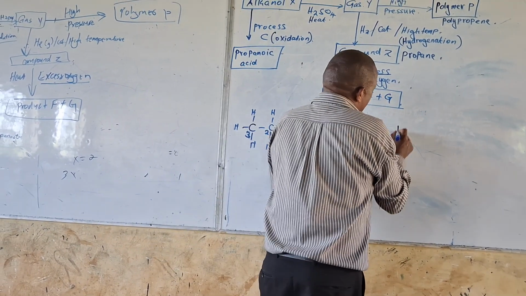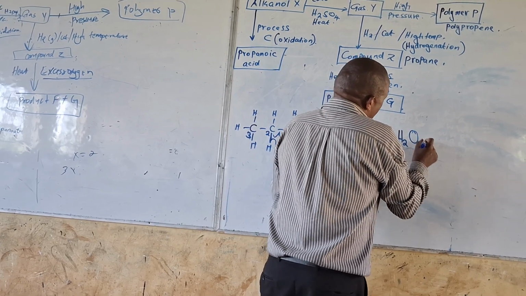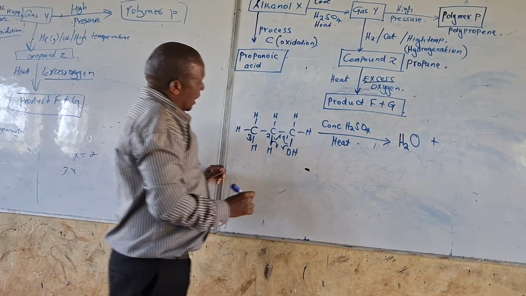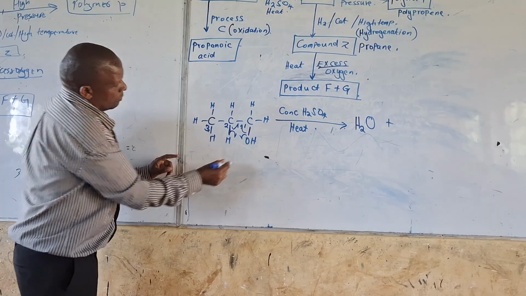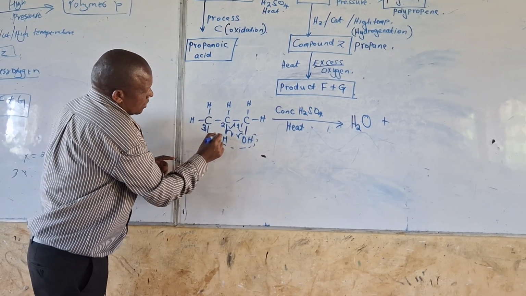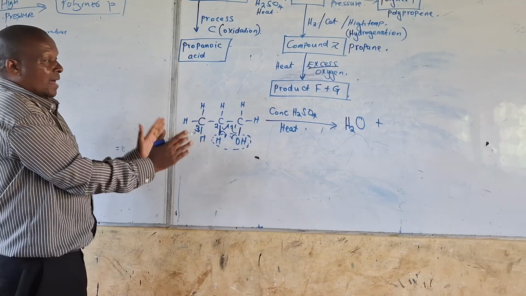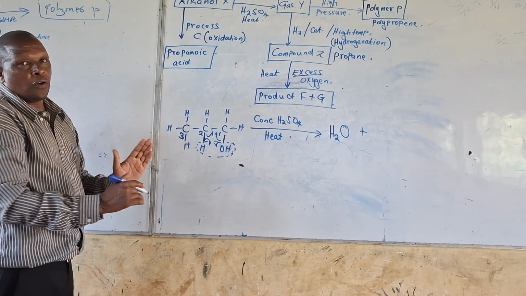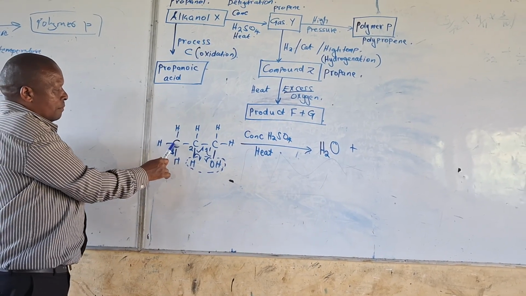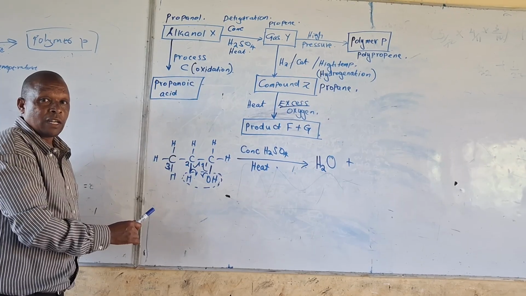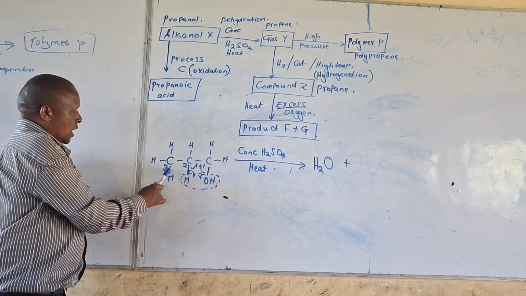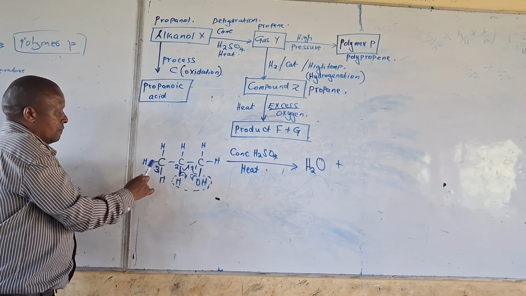So the product formed here is H2O plus. Now, OH and H have been removed. You write what is remaining, and you make sure that you follow the rule, whereby each carbon atom is surrounded by how many covalent bonds? 4. 1, 2, 3, 4.